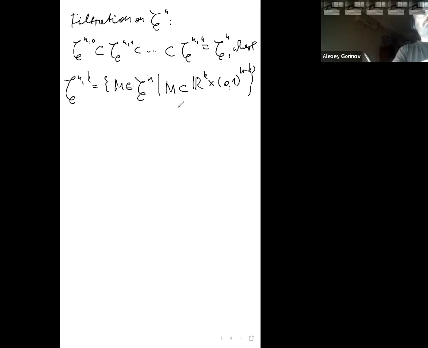So, in other words, the last n minus k coordinates must be bounded, and for the sake of definiteness, we require them to be from 0 to 1.